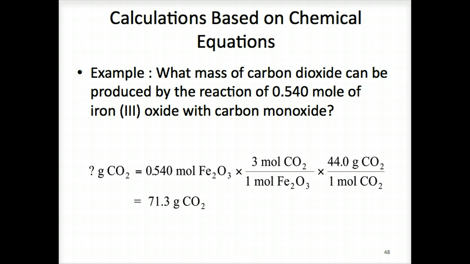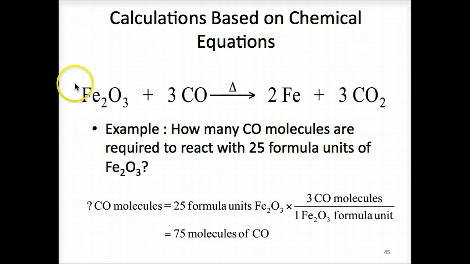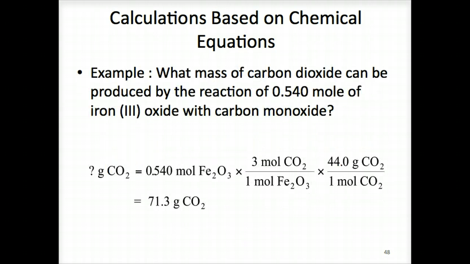Now you might be a little confused by that one, so I'm going to show you the reaction again. 1 mole of iron(III) oxide makes 3 moles of CO2. 0.54 moles of iron(III) oxide. 1 mole of iron(III) oxide reacts to make 3 moles of CO2, and that's how you get the 71.3 grams.